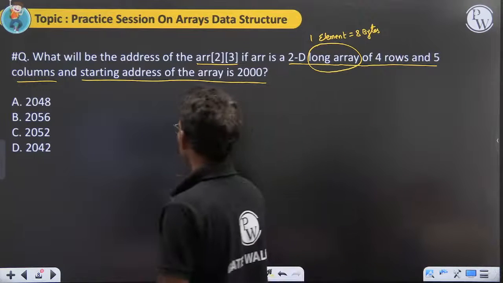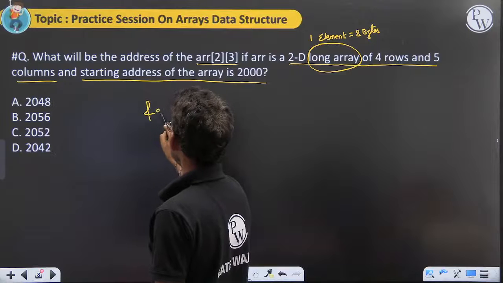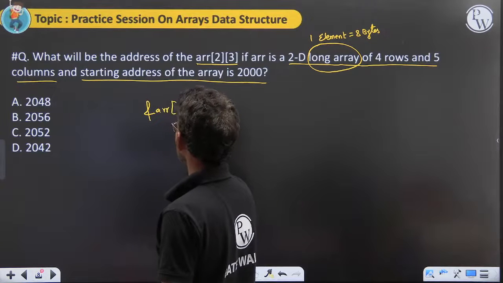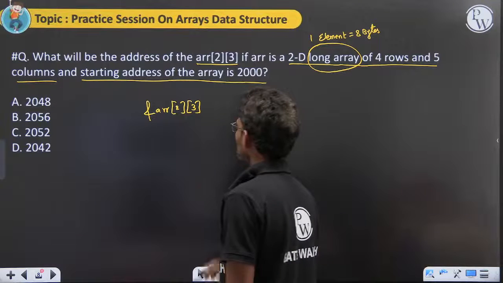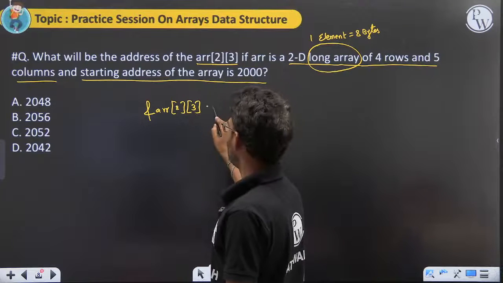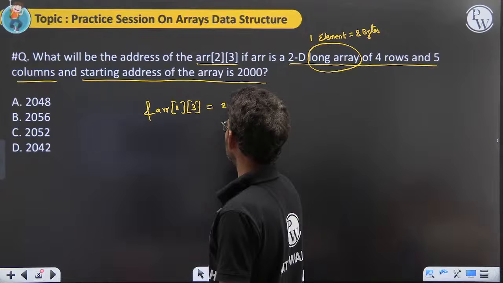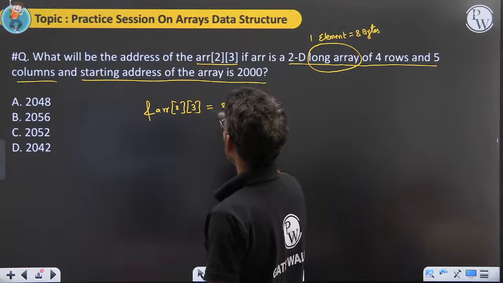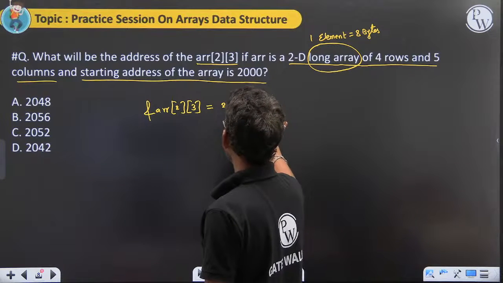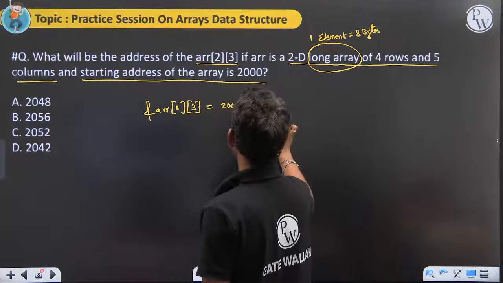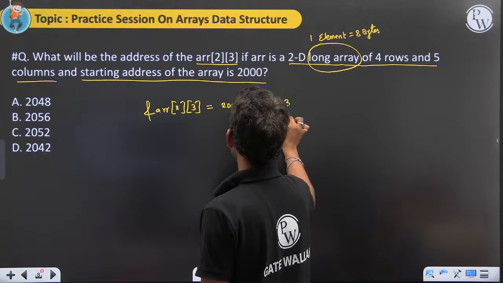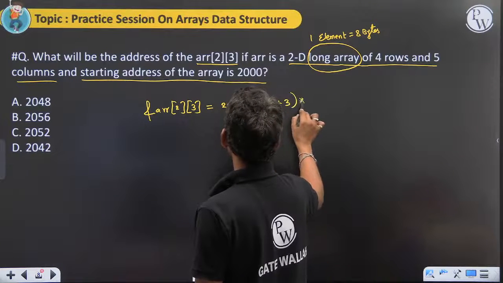So we want to find the address of array of 2, 3. That is base address 2000 plus (I is 2, number of columns 5, plus j is 3) whole multiplied by 8.